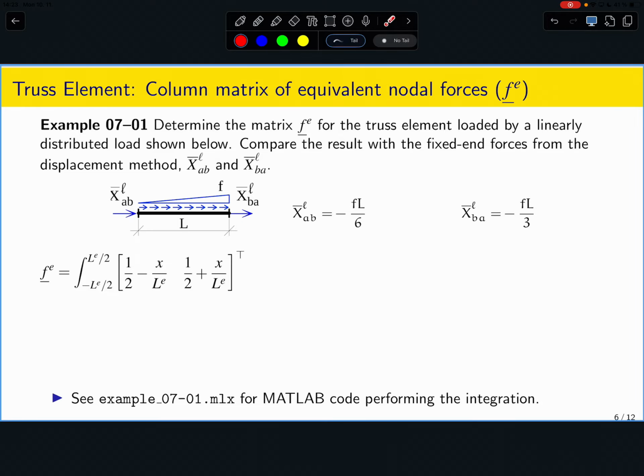if you had some element which was loaded by a distributed load aligned with the central line, and it had this particular linear intensity, these fixed end forces were given by these very expressions.